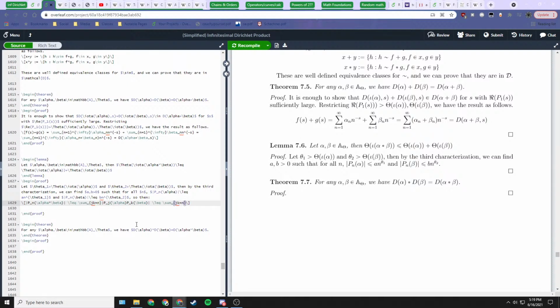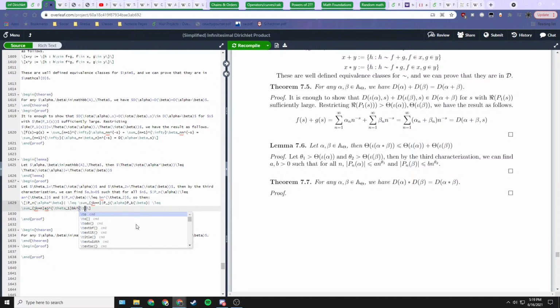This must then go to the sum, so we have P J of alpha bounded by A times J to the power theta 1. And then for beta, we have B times K to the power of theta 2.